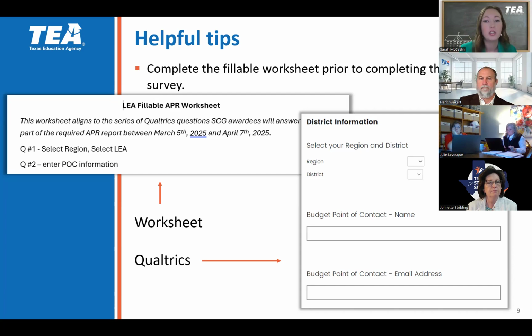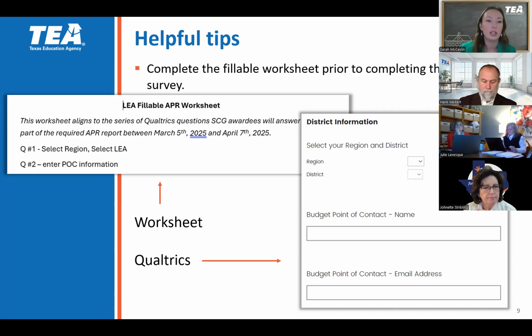You're welcome to put your information as the point of contact, but just know that if we're collecting and compiling all this information at the end and we have a question as it relates to what's been entered, we're going to reach out to the point of contact that was left on this form. So if you feel like the person that's best positioned to answer those follow-up questions is your budget point of contact, that's why we've indicated that you'd most likely want to put somebody in there.